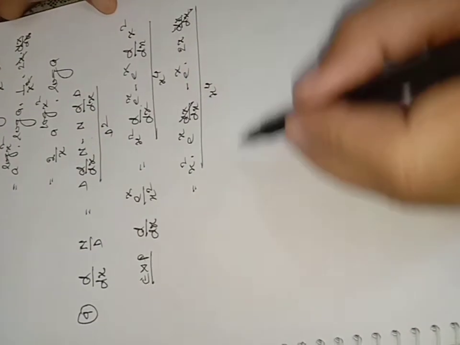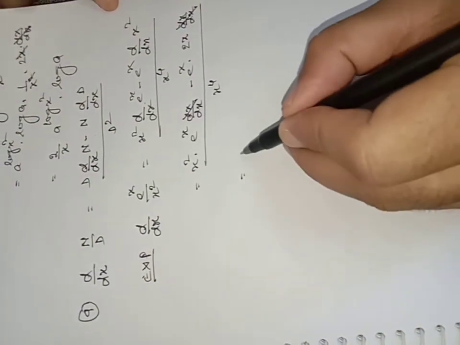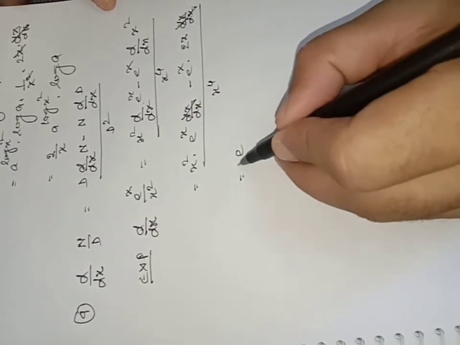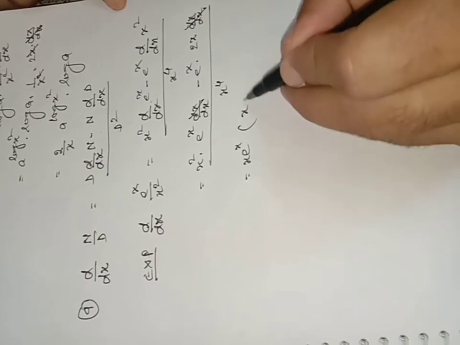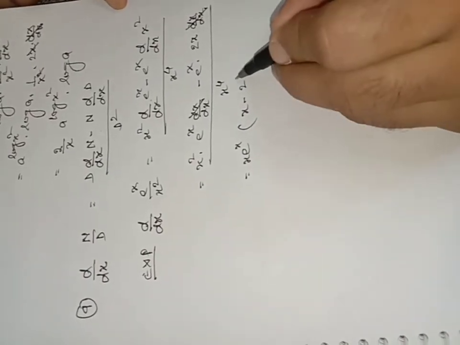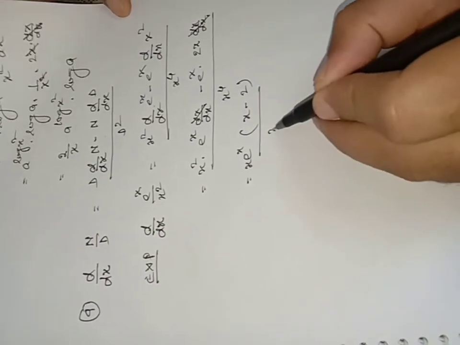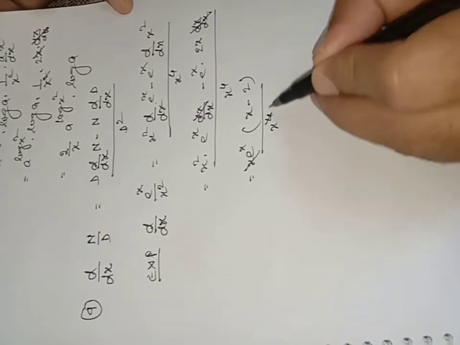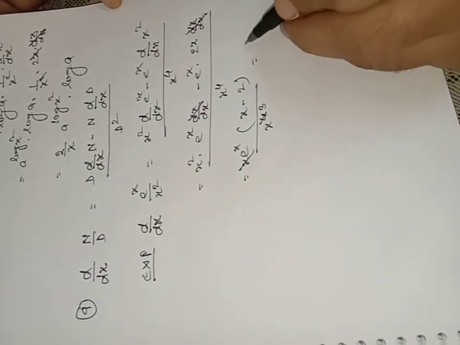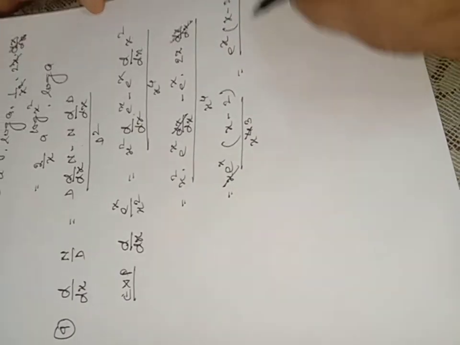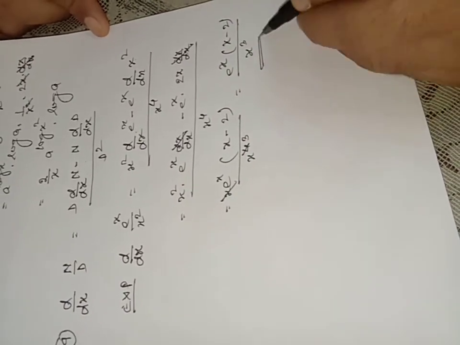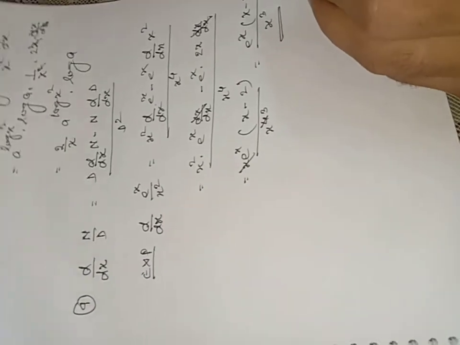The dx by dx gets cancelled, so you may take e power x as common, so here it remains x minus 2 upon x power 4, one x gets cancelled. Your answer is e power x into x minus 2 upon x cube. So this is the answer.